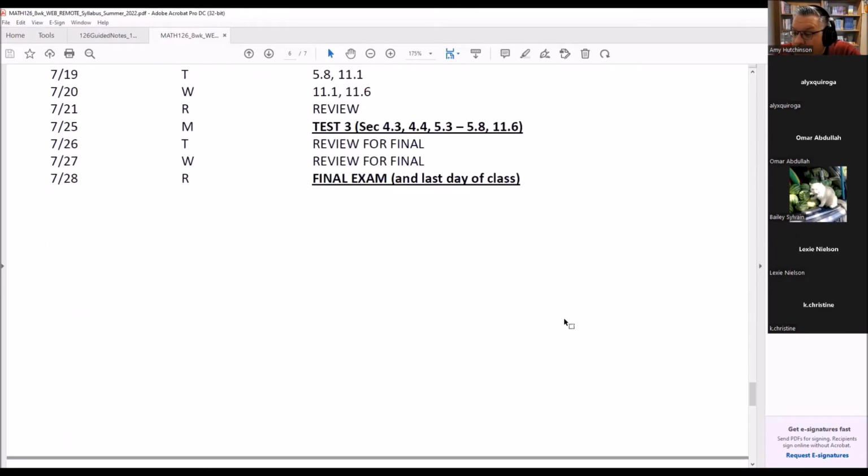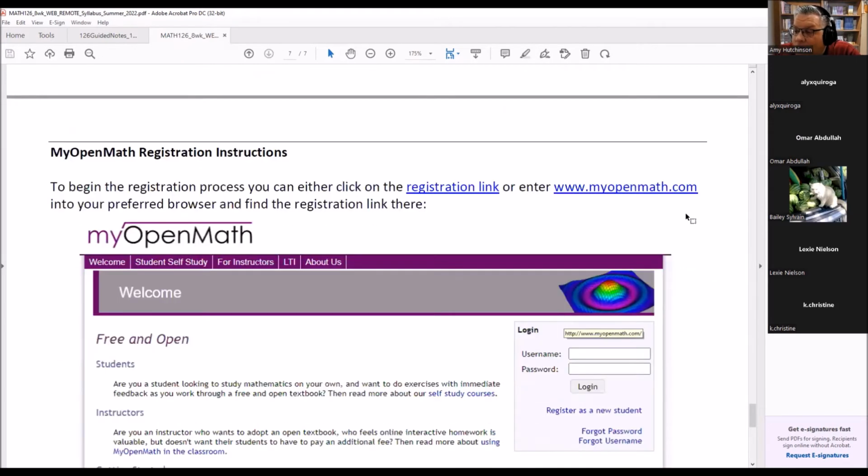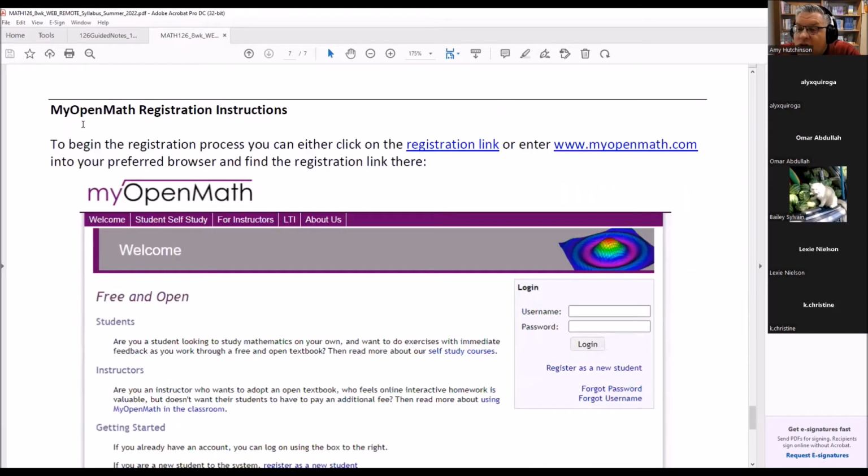All right, then at the end of the syllabus, we've got the My Open Math registration instructions. In order to register for My Open Math, you need to know the course ID and the enrollment key. Those are both emailed to you, or if you go into the course page in Canvas, it's listed right at the top of the page.